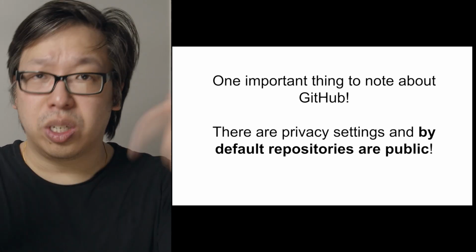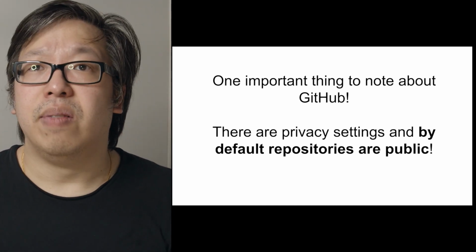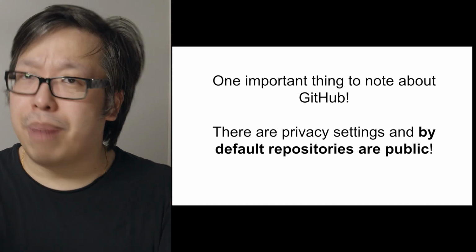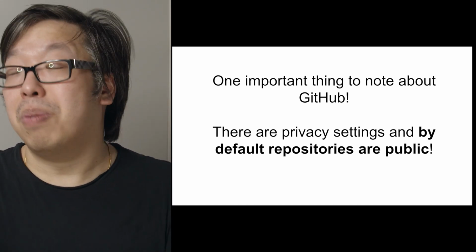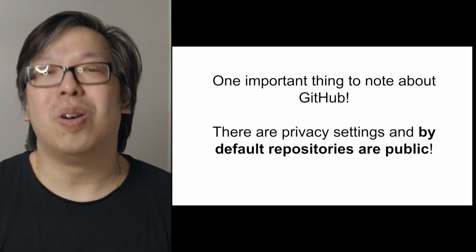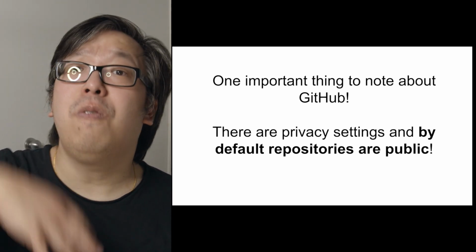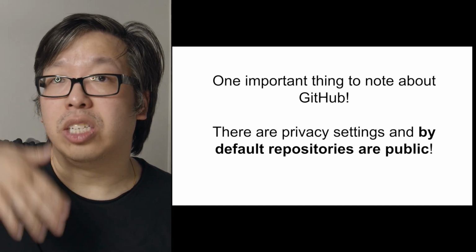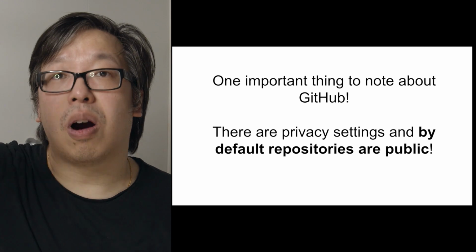One, for this course, be very careful about what you put in your code. If it's something sensitive, like passwords, personal information, that kind of stuff, just don't put it in there. So don't put sensitive information in your code. The second thing is as you go forward beyond this course and start to use GitHub, know that by default, repositories are public.